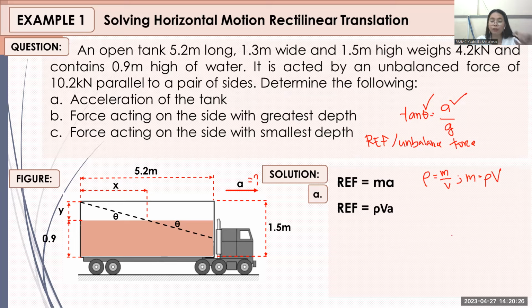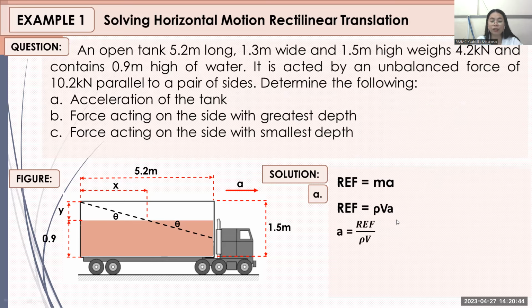And take note, yung volume na pinag-uusapan natin dito is the volume of the fluid. Okay? So, since acceleration yung hinahanap natin dito, divide both sides by rho V. Cancel. Therefore, your acceleration is reverse effective force divided by the mass density of water times the volume.